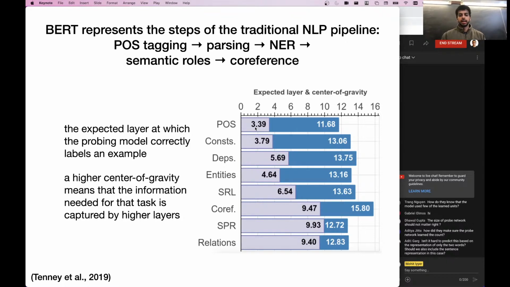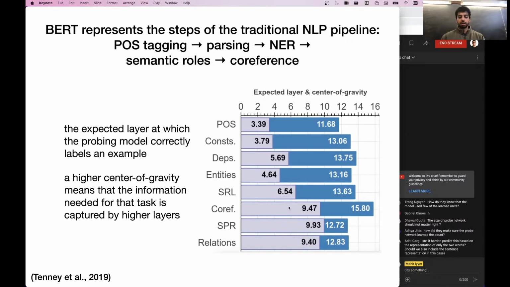So you can see here, this is showing the optimal layer representation for solving a particular task. They do this by training probe networks over the representations at different layers. Here they're plotting the expected layer at which the probing model correctly labels an example. For low-level tasks like part of speech tagging, constituency parsing, and dependency parsing, the expected layer is pretty low down in the network.